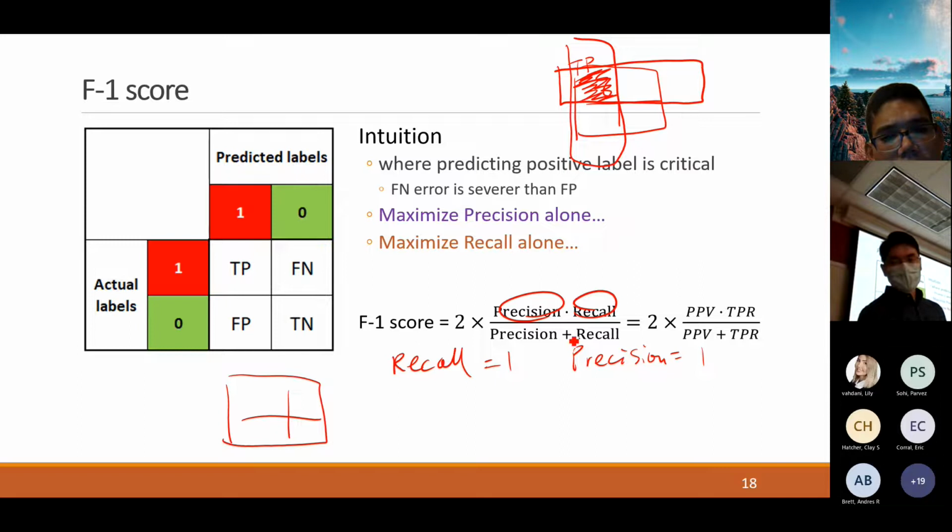F1 score allows the denominator to be expanded more relative to the numerator, because both measures are between 0 and 1, right? If you add them together versus if you multiply them, the punishment is less.